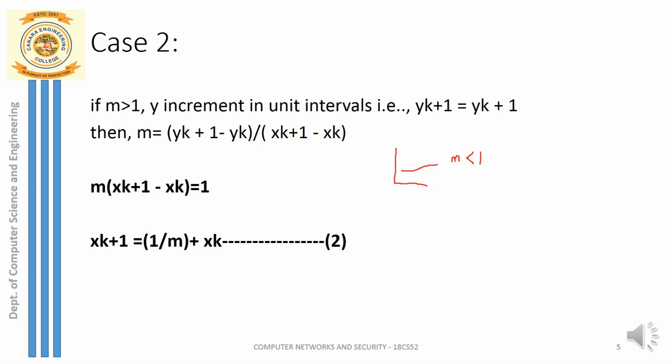So in that case the slope value will be less than 1. And if the line is almost vertical, such lines will have a slope greater than 1. Why? Because change in y is more compared to change in x. That is why such lines will be almost vertical and their slope will be greater than 1. You can see this formula, and all these formulas will apply later while discussing the example.